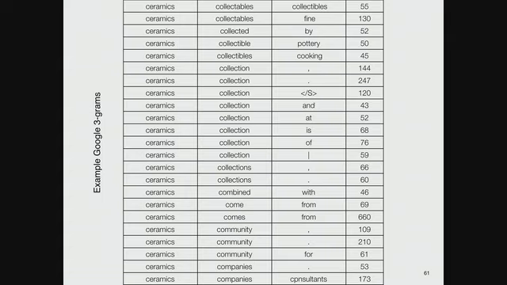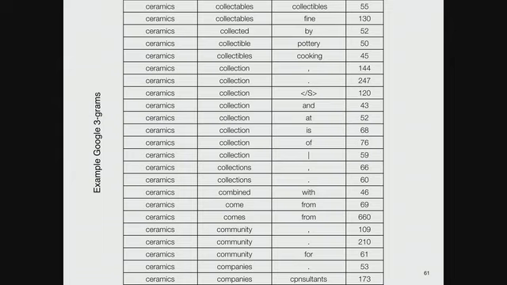And here's a very tiny part of their database. So "ceramics collectibles," I don't know, occurred 55 times in a terabyte of text. "Ceramics collectibles find," "ceramics collectibles buy," "pottery," "cooking," comma, period, end of sentence, and, at, is, etc., different numbers of times.